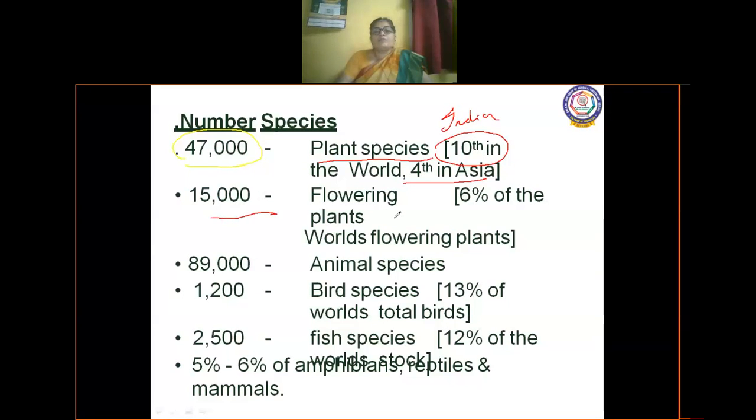And 15,000 flowering plants, about 6% of the world's flowering plants, exist in India. 89,000 animal species, 1,200 bird species, 30% of the world's total birds, and 2,500 fish species. You're going to see that all these are accommodated in the number of species that exist in the biodiversity. 12% of the world's stock of fish and 5% to 6% of the reptiles and mammals.